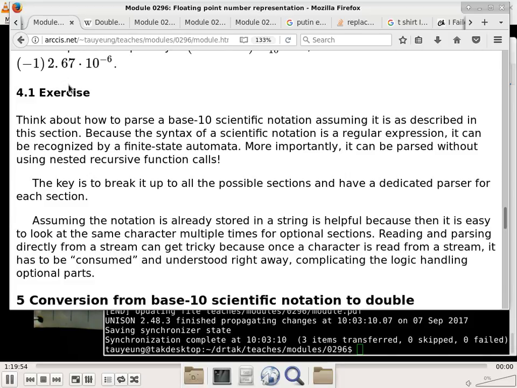That is the question. So how would you get started with this one? If I tell you that the entire thing is stored in a string already, in an array of characters, how would you approach this problem?